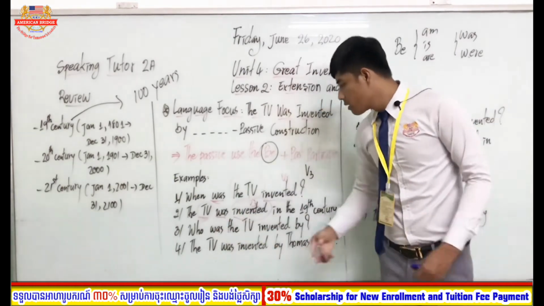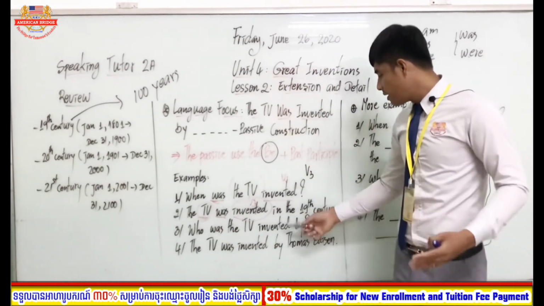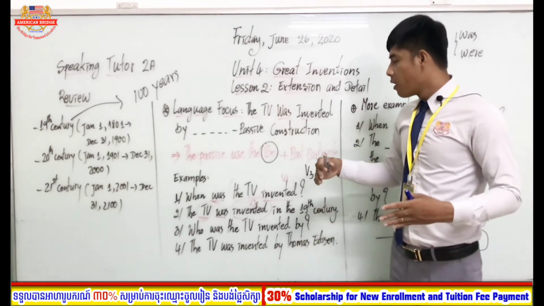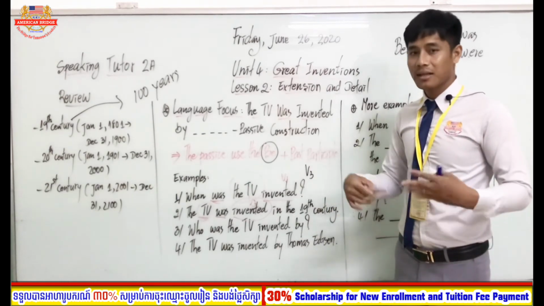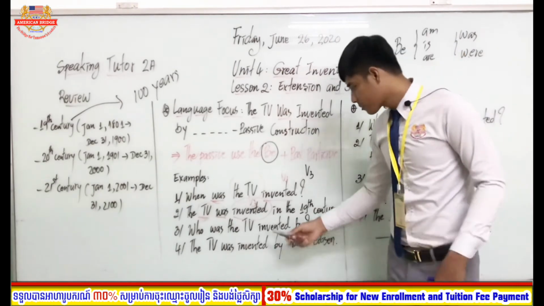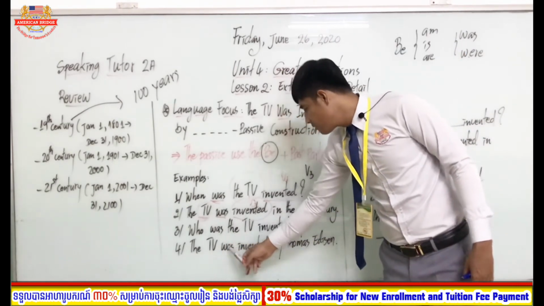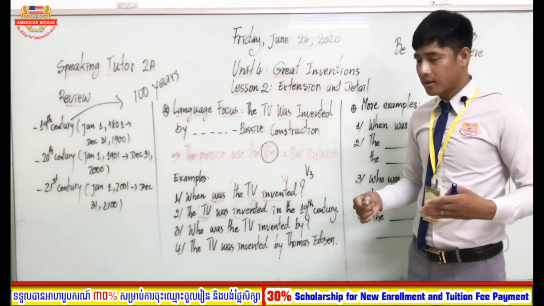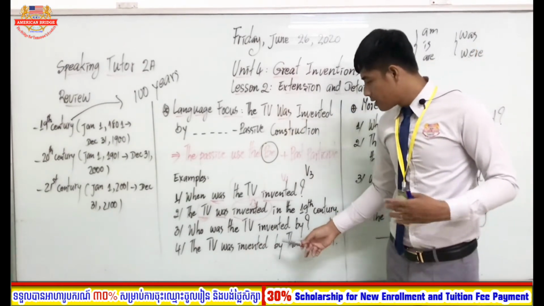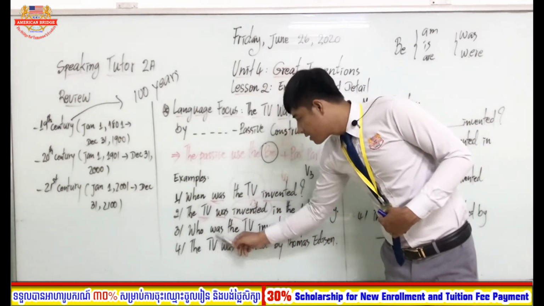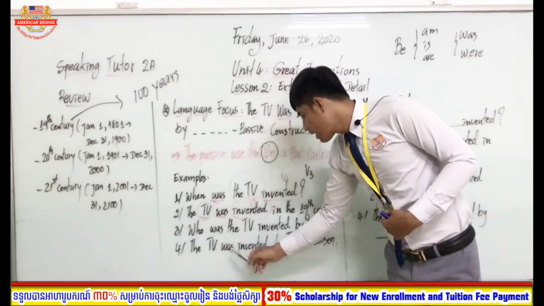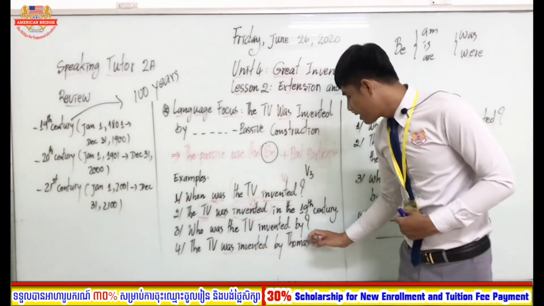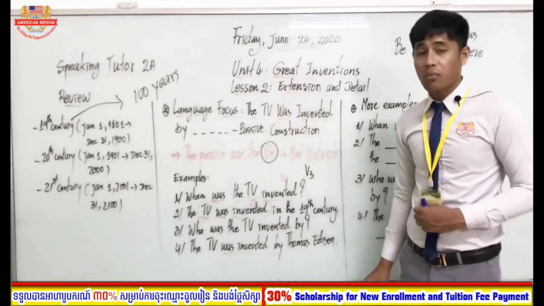Number 3. Who was the TV invented by? We mean who created the TV? The TV was invented by Thomas Edison, right? So this thing is affected by the action, invented by Thomas.